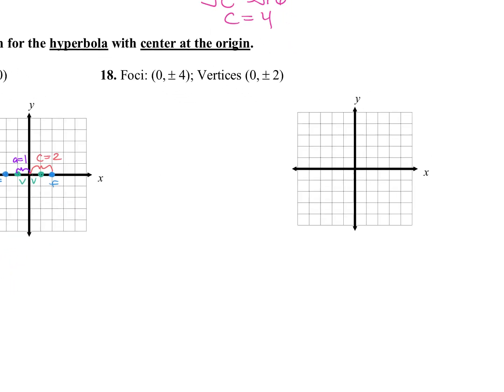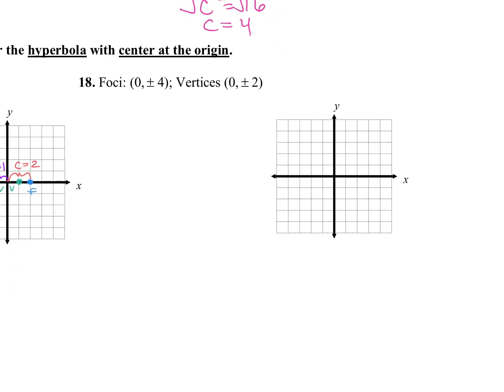If you take a look, so foci at 0 plus or minus 4, 1, 2, 3, 4, and 1, 2, 3, 4. Okay, those are your foci. Vertices at 0 plus or minus 2. Looks like that. So this is opening this way. Your vertices are on your y, so it's going to be a y squared first.